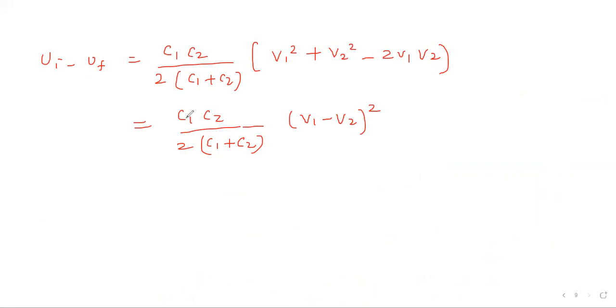And here C1 C2 are always positive, and the square of the difference of two numbers is always positive. Hence, this is greater than 0, which means there is energy loss, and this loss occurs in the form of heat and electromagnetic radiations.